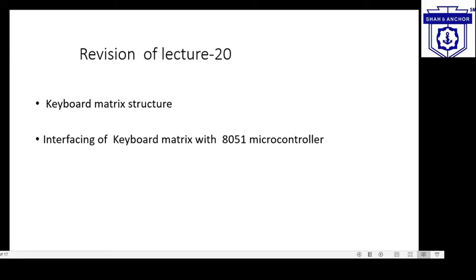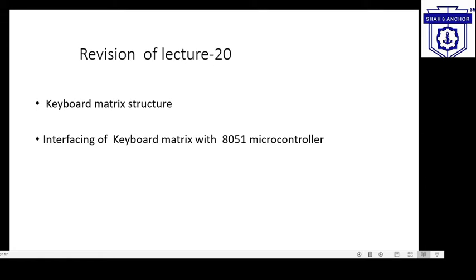Before we start today's lecture, we will revise what we learned in the last lecture. The last lecture of MEP is lecture number 20. In that lecture, we learned the structure of the keyboard matrix. We know that the keyboard matrix has rows and columns.